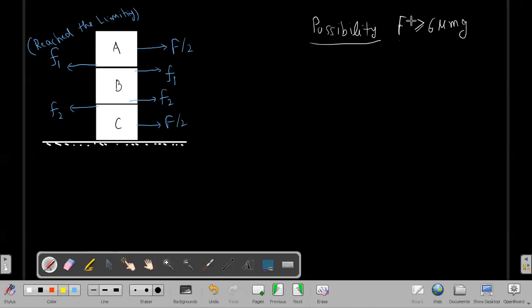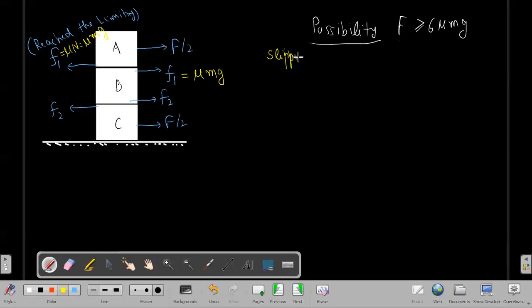So when the force F is more than 6 mu mg, you can consider frictional force F1 to be kinetic now. It can be simply written as mu into the normal reaction force, which is mu mg. So here also friction force F1 will be mu mg because that is the same force. And now the relative motion will start. In this case, slipping will start.